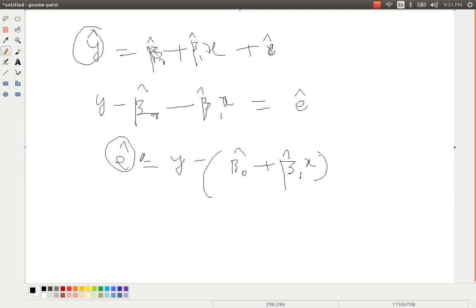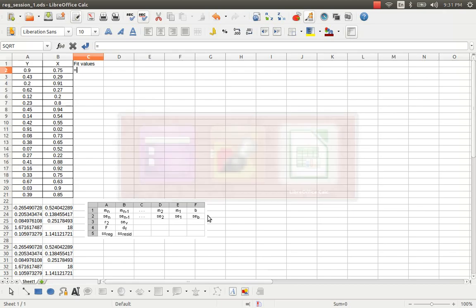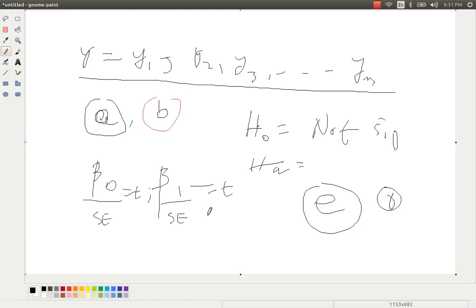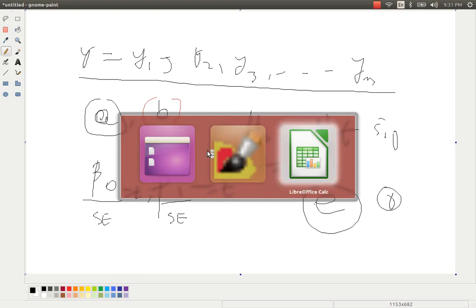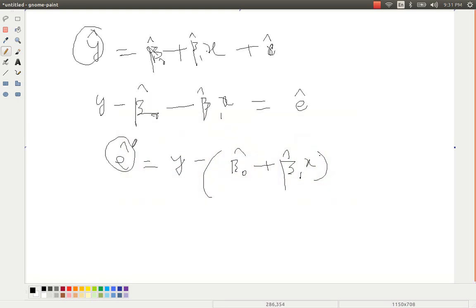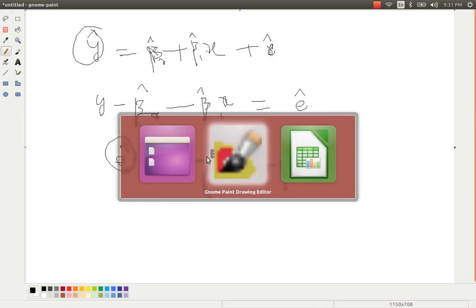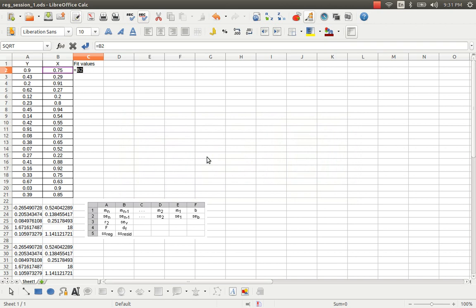As such, it is not going to be the actual error, but we have to make a small correction. I'm going to show you that in LibreOffice Calc. So the fit value is going to be, as I said, we have to subtract the beta naught together with beta 1 x. So we are going to do that in, so beta naught, where is beta naught? This is the beta naught.